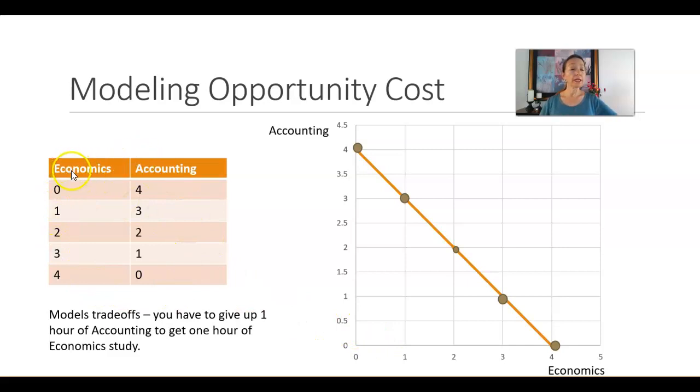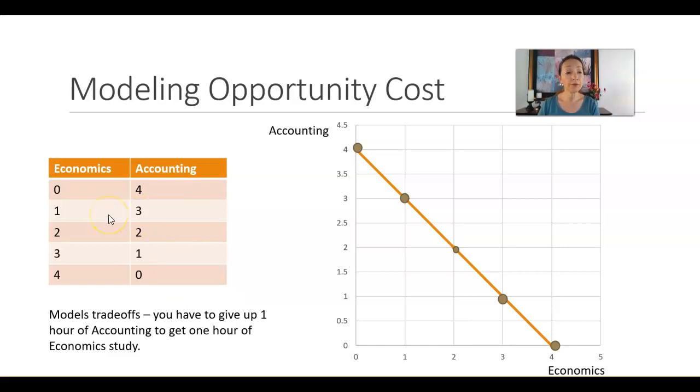Okay, we can study 0 hours of economics and 4 hours of accounting, 1 hour of economics and 3 hours of accounting, 2 hours of economics and 2 hours of accounting, 3 hours of economics and 1 hour of accounting, or 4 hours of economics and 0 hours of accounting.